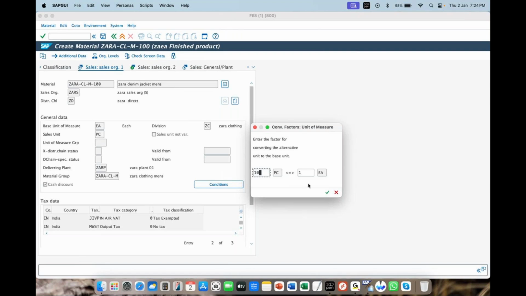So you told no chocolates, sir. According to your client's business process, the conversion should be given. That is what I want to say. So 1 is to 1, since it's a jacket. Continue.